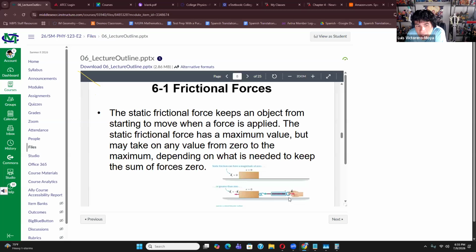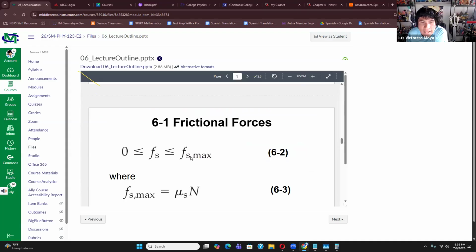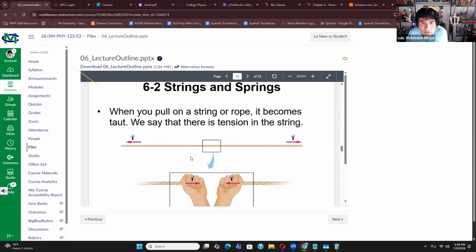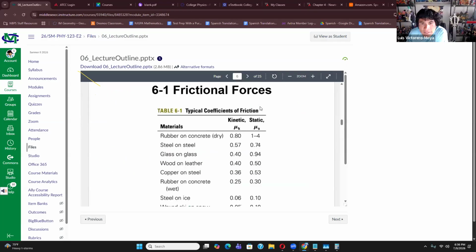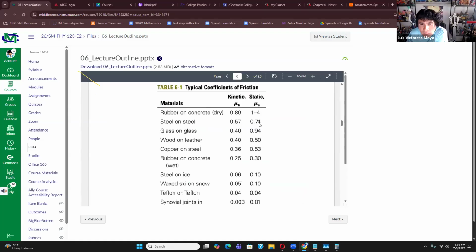You are basically exerting a force that is equal to the static friction and eventually greater than it. That's why the static friction is normally greater than your kinetic friction, and you can see that from the mu's. Your static mu is always greater than the kinetic.